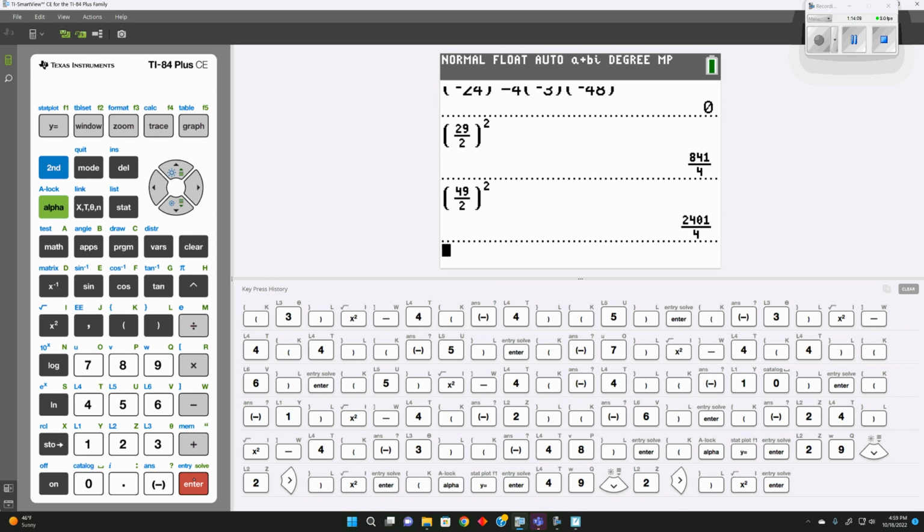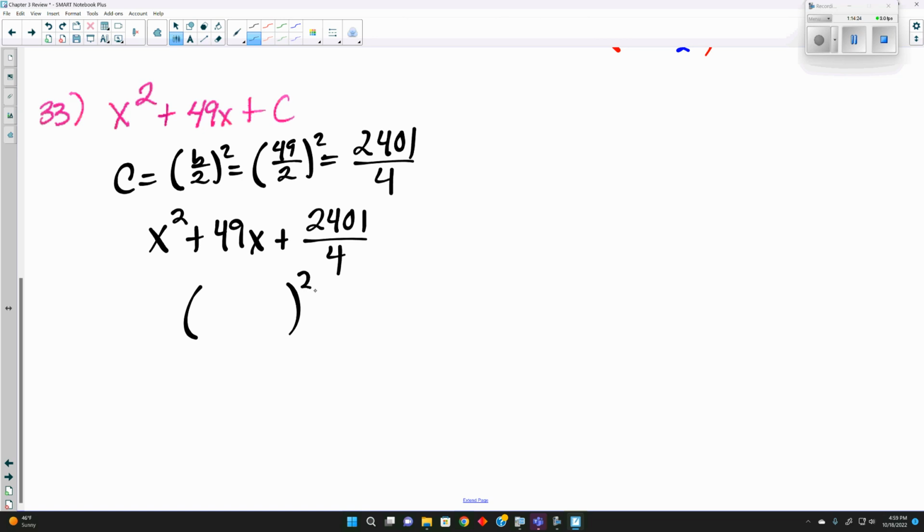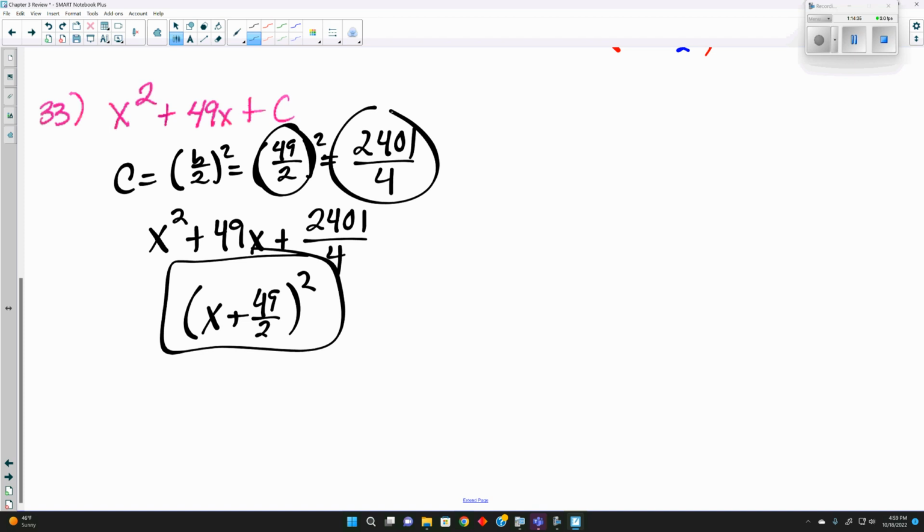We get 2,401 over 4. Which tells us that we have x squared plus 49x plus 2,401 over 4. As a set of parentheses squared, we'd have x, and again, whatever we had in the parentheses before we square it is what's going to go in here. And these here would be our two answers. And that's all we have to do on these here.